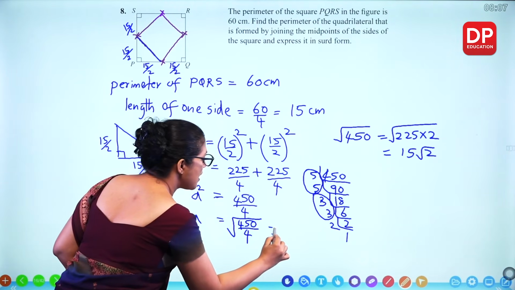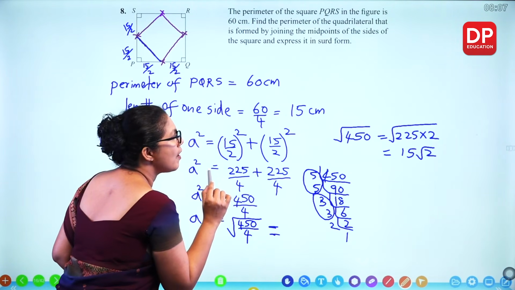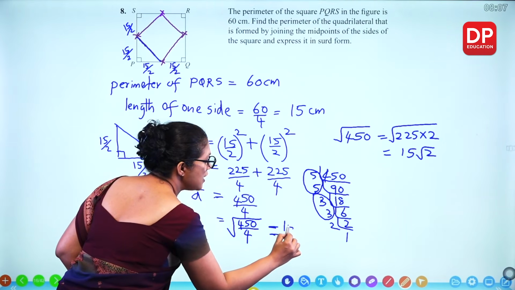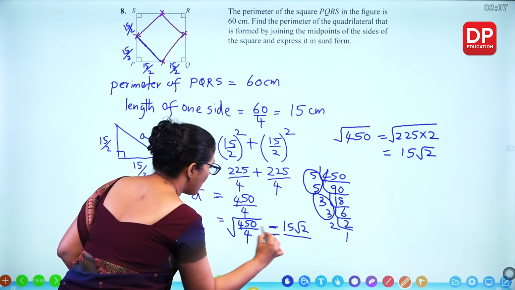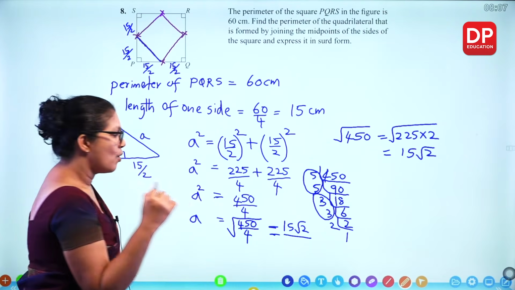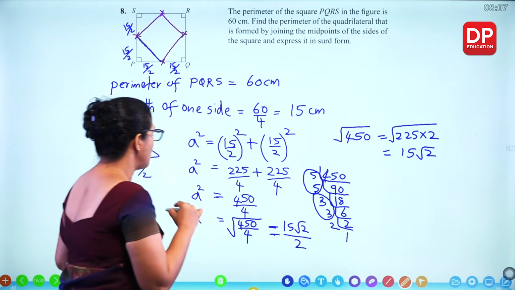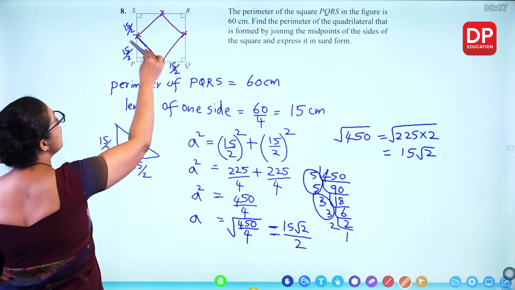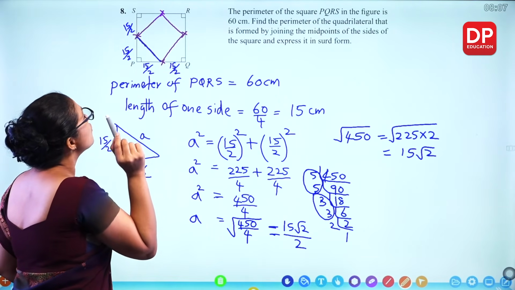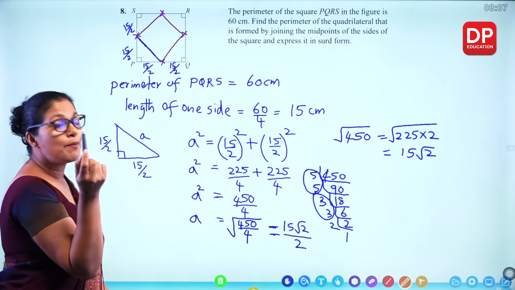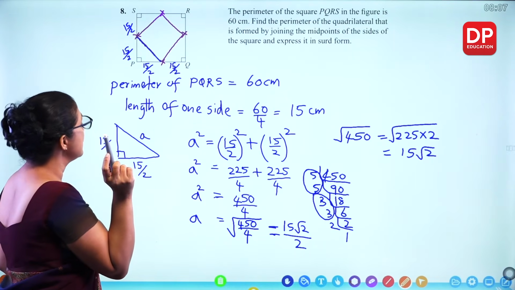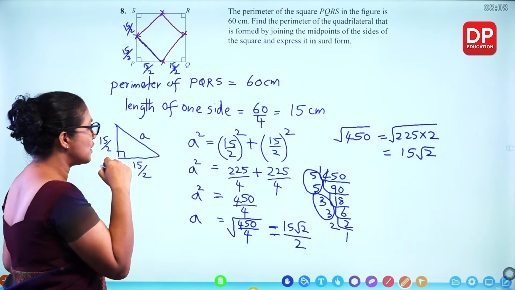So I can write square root of 450 is 15 root 2 over square root of 4, which is 2. So what's the length of one side of the square that is formed by connecting the midpoints? That's 15 root 2 over 2.